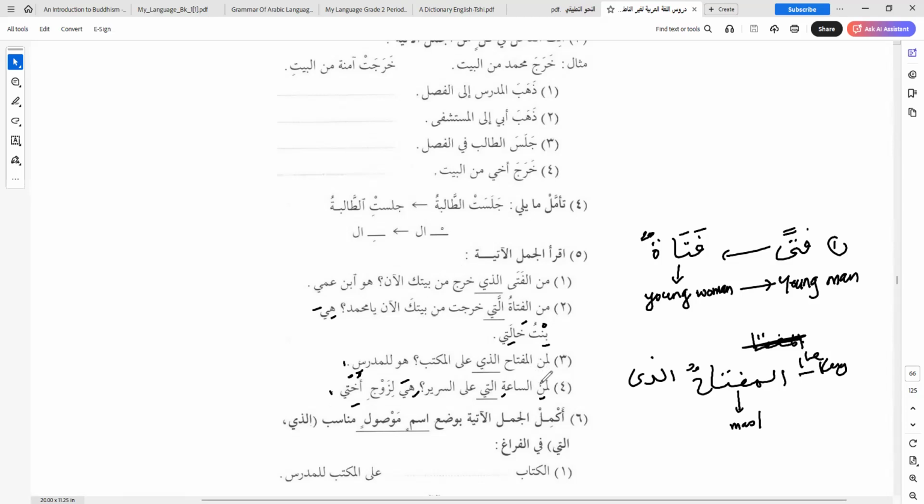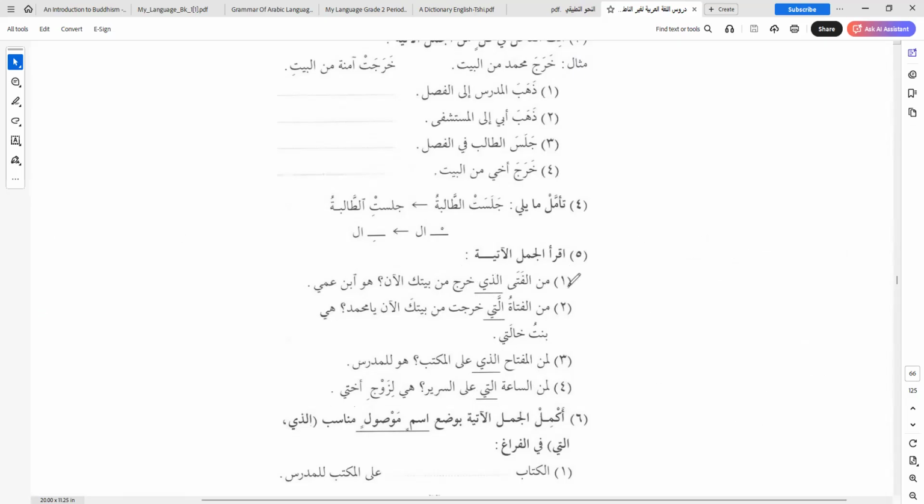So these are examples of the use, teaching us about how to use الذي and التي. You can see that in the first two sentences, we have human attributes, nouns that we attribute to humans. Fatatun. And then we have miftah, key, which is a masculine noun.